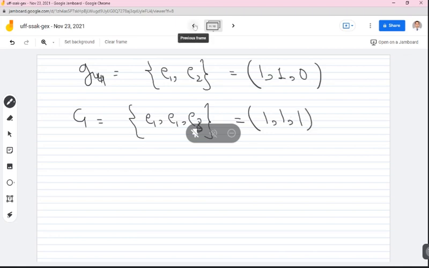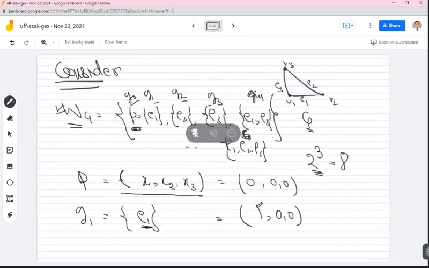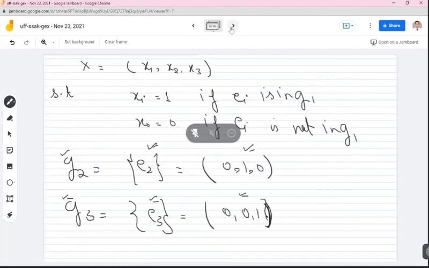Okay. So this is the graph of all subgraphs. WG is the set of all subgraphs of G. So this can be written in the form of this way.